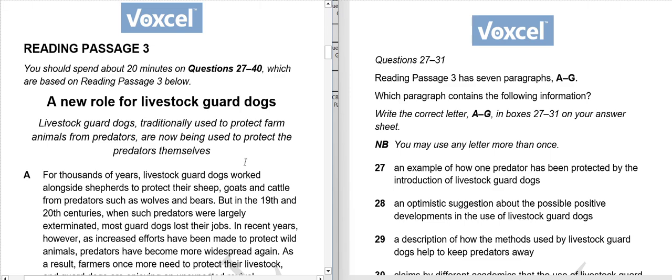So in this paragraph we could be reading about the importance of livestock guard dogs, or how or why the role has changed, from protecting livestock from predators to protecting predators themselves, and how they do it, and why predators need such guards. Okay, maybe we will read this kind of stuff.